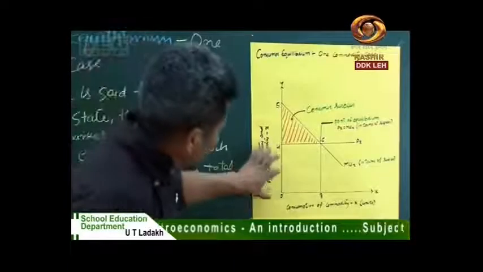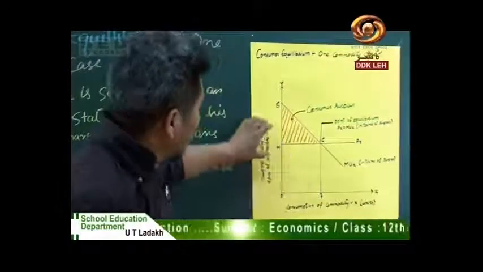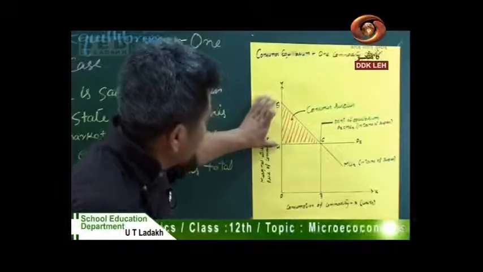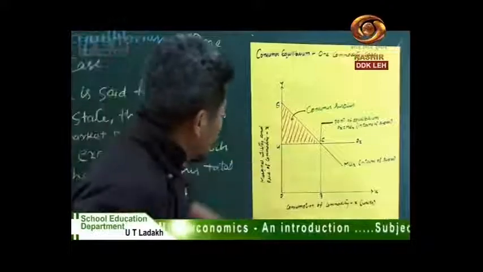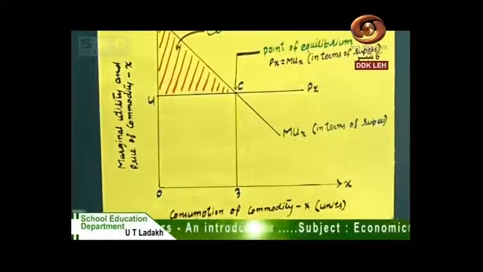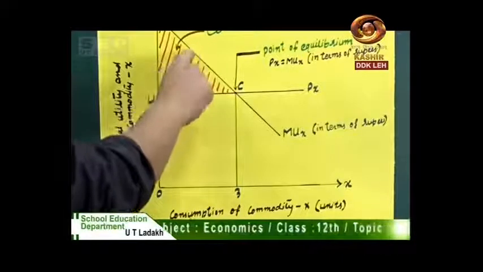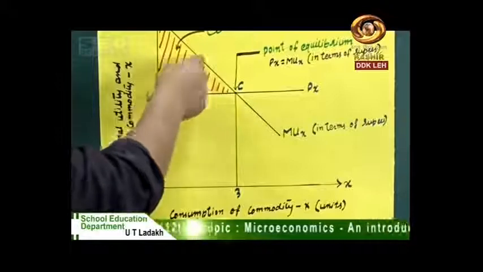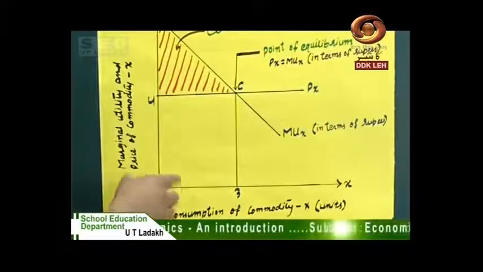Now this 4 is the price which he actually pays, and this is that portion of price which he is willing to pay. So at this point he is willing to pay this much, say price 5, but what he actually pays, he is getting the commodity at a low price, which is 4.